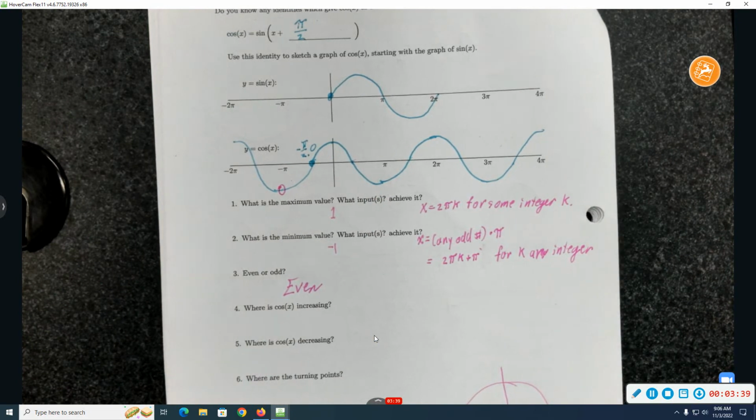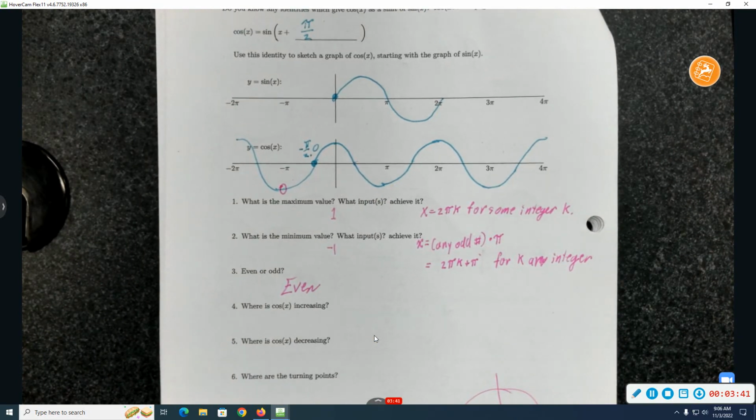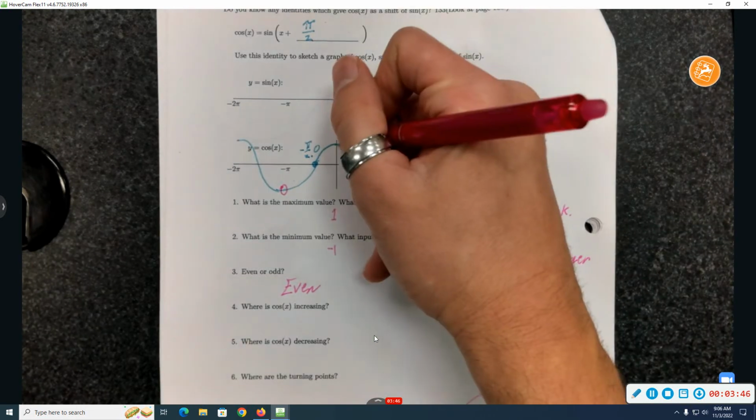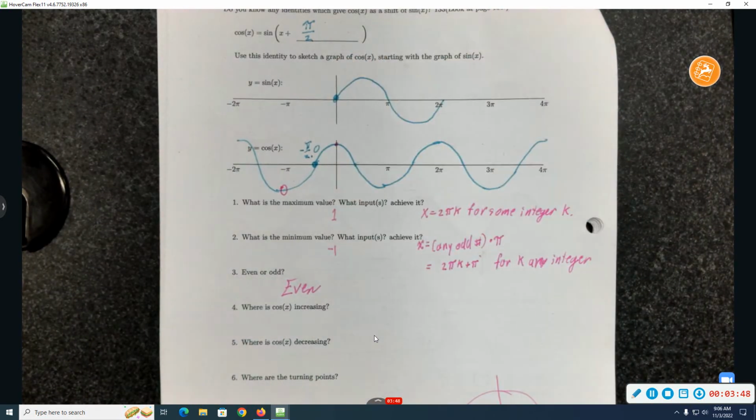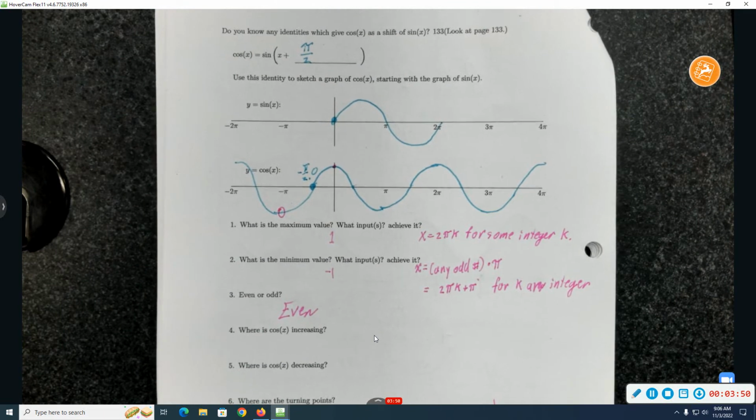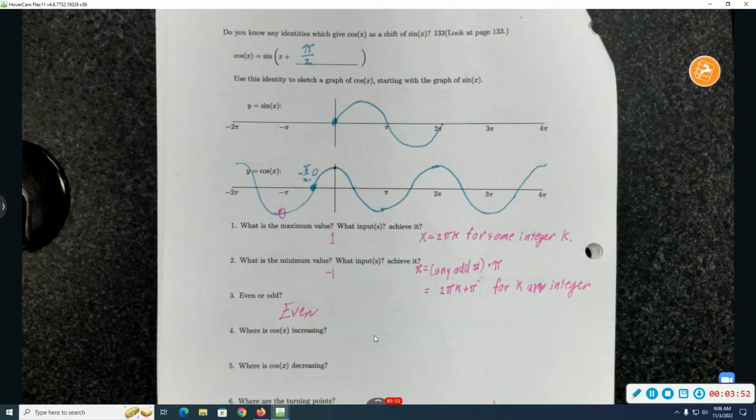Can we play the same increasing, decreasing game that we did last time? I think so. Let's start at 0 and tell me something about increasing or decreasing starting at 0 or ending at 0, having to do with 0.